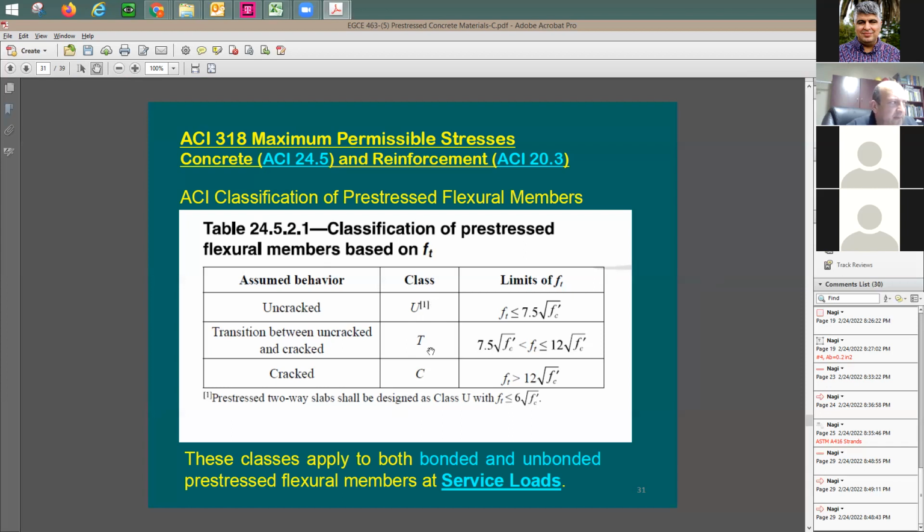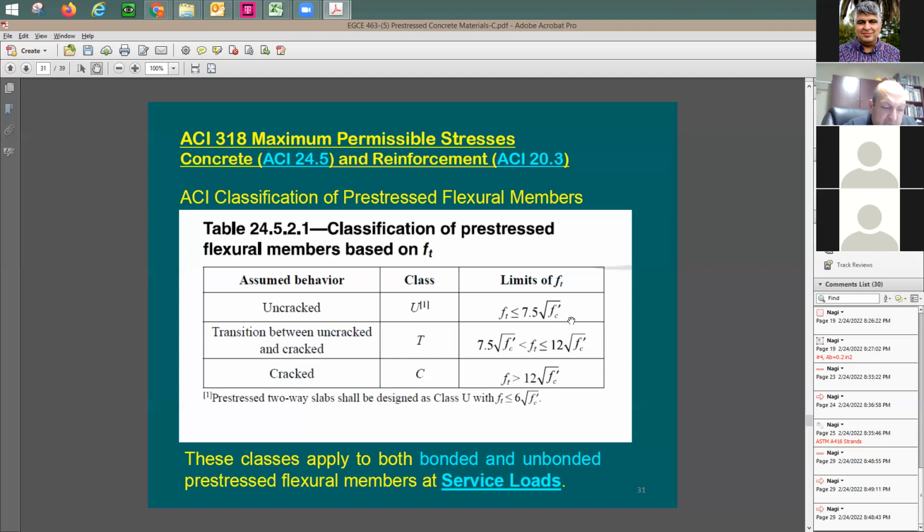How can I have it to be uncracked? In this case, you keep the tensile stress at top or bottom fibers at any of the end conditions or any fibers within the concrete within 7.5 square root of f'c. If you do it this way, I'm going to call it uncracked member.